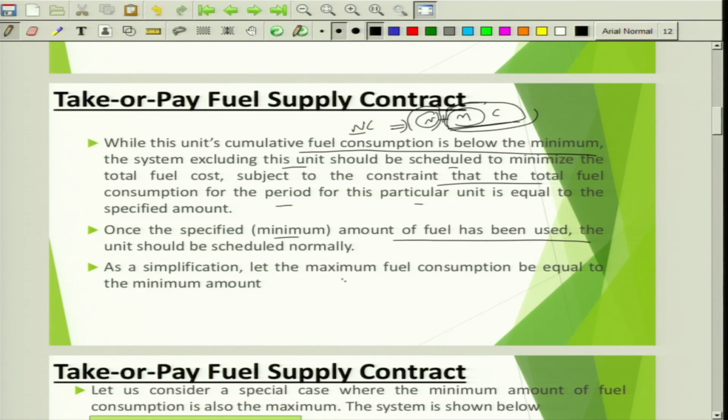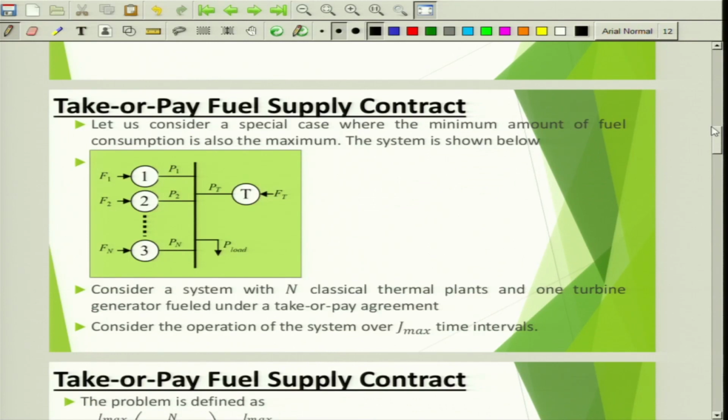As a simplification, let the maximum fuel consumption be equal to the minimum amount. To start with, let the maximum fuel consumption be equal to the bare minimum amount that you have already made an agreement or contract for. Now let us consider a special case where the minimum amount of fuel consumption is also the maximum amount, right. The system is shown below.